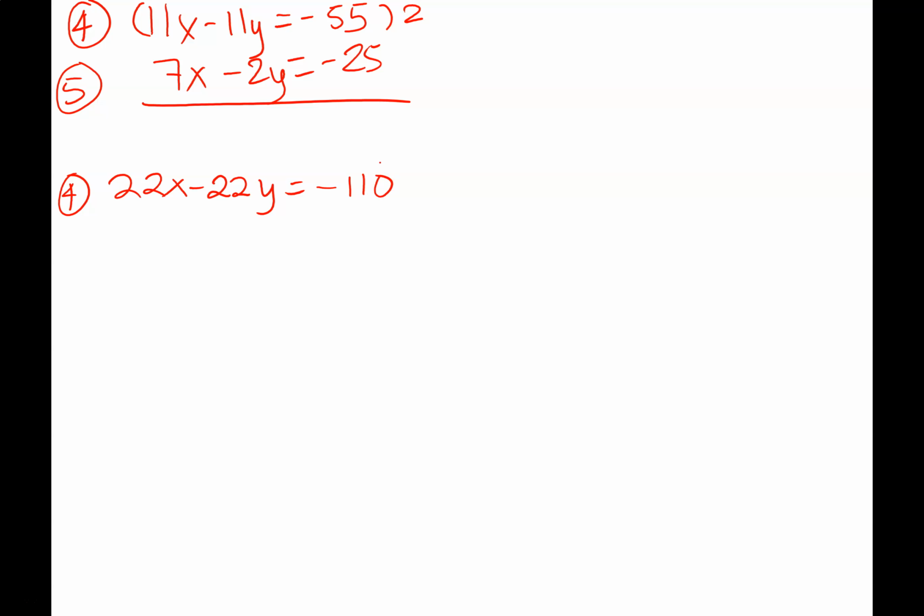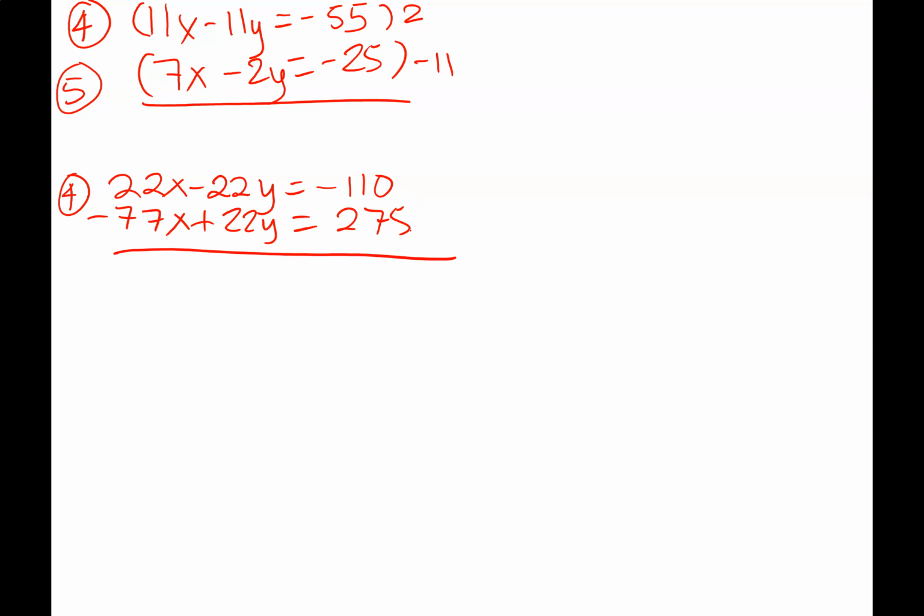All right. For equation 5, that will get multiplied by a negative 11. And then at this point, you should be able to get rid of the y's.